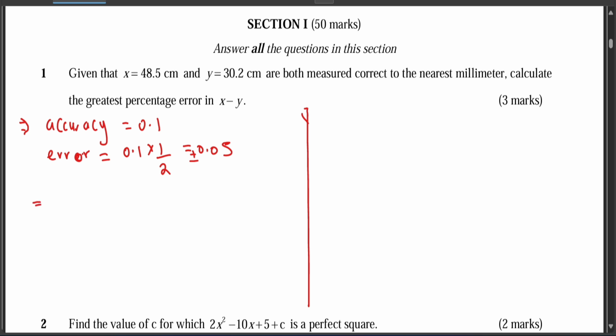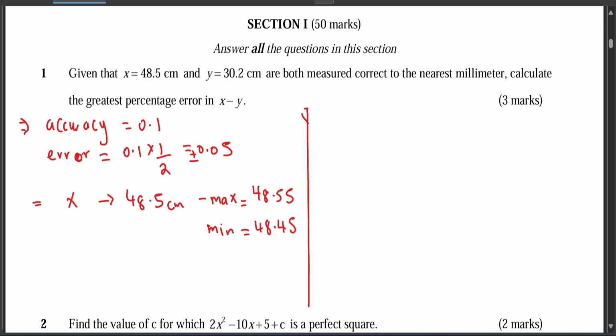So let's start with x. The x value is 48.5 centimeters. If you wanted to find the maximum, you just add 0.05 to it. So 48.5 plus 0.05 gives you 48.55. For the minimum value, subtract 0.05 from 48.5, so you get 48.45.